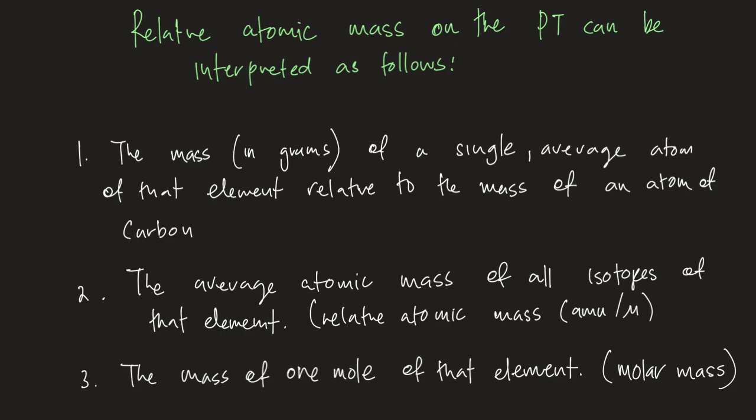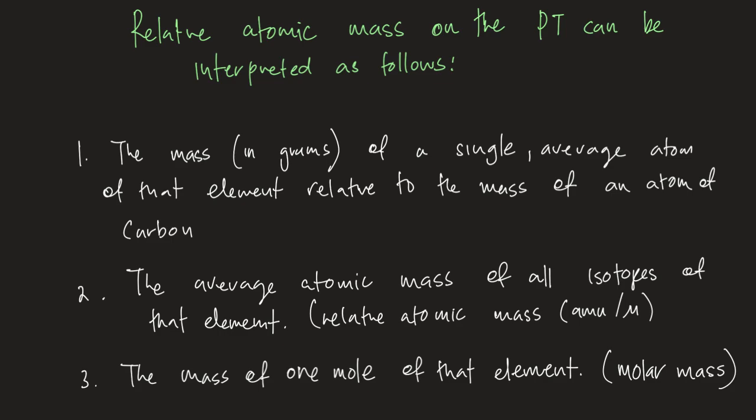When we're looking at the relative atomic mass on the periodic table, it can be interpreted as follows. The mass in grams of a single average atom of an element relative to the mass of an atom of carbon. It can also be said that the relative atomic mass is the average atomic mass of all isotopes of that element. That's the definition you got in grade 10.